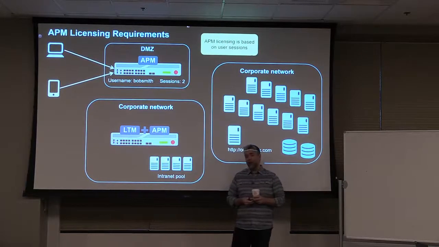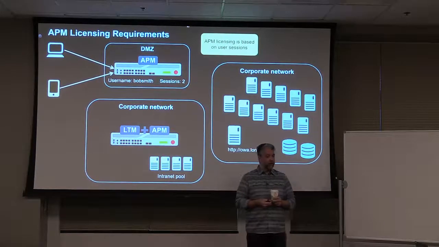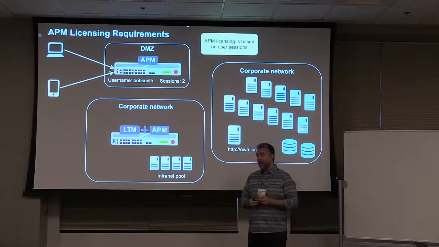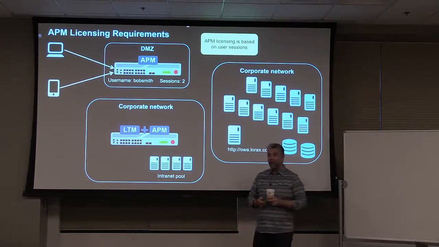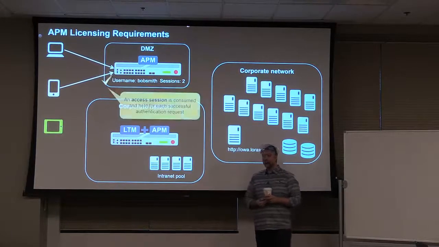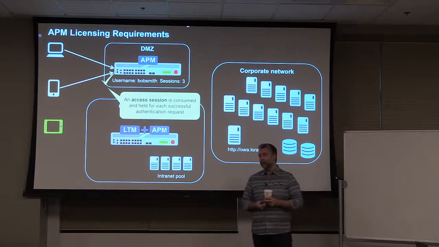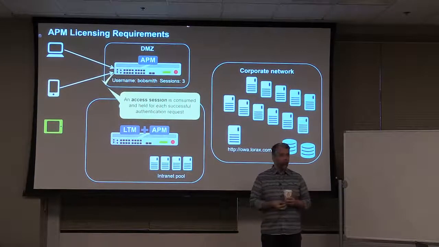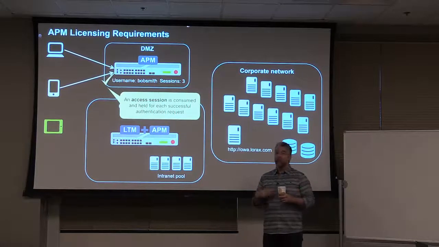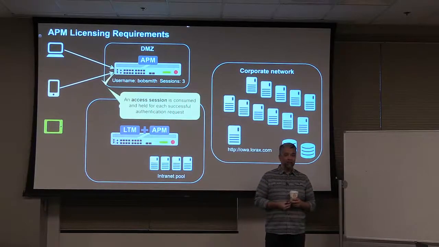So now that he's used his phone, he's logged on using username and password, same thing, but because he's connecting from a second device, he now has a second access session. And then he connects from his tablet simultaneously, and he's now created a third access session. And he'll continue to hold those access sessions as long as he stays connected until he logs out, or an administrator could force him out if they wanted.